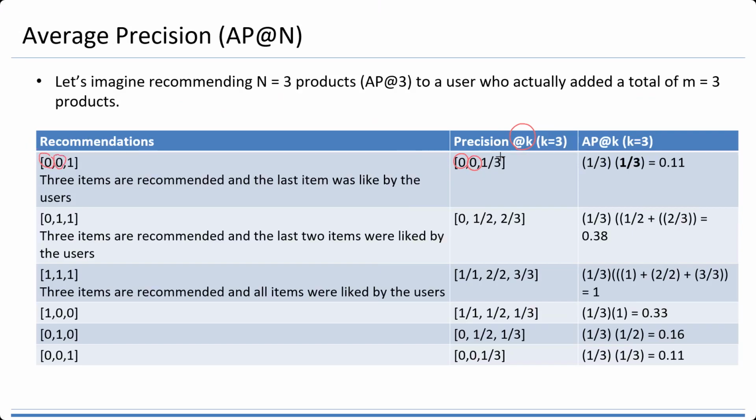What is the precision at item 2? It's also 0, because we recommended the item, but the user did not like it. What is the precision at item 3? It is 1 divided by 3. It means among the 3 items, one of them has been liked by the user.